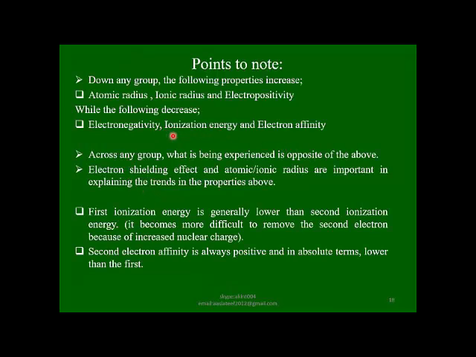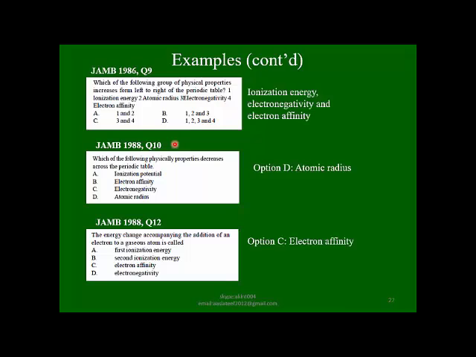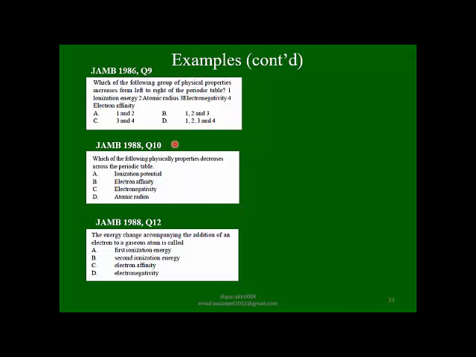Across the period, what decreases? Atomic radius, ionic radius, and electropositivity. So at least we can get the answer from here. What decreases across the period is atomic radius.